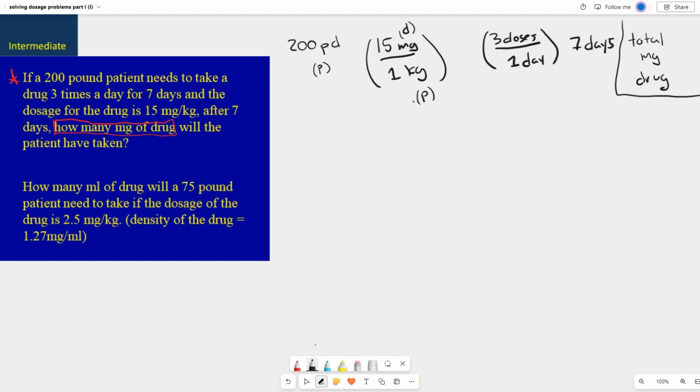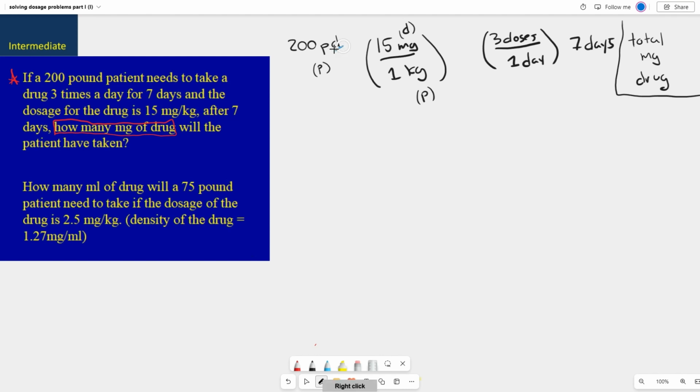So where do you start with something like this? I always start by looking at units and canceling out every unit except the unit that I want to have at the end. We want to have total milligrams of drug. Here's your milligrams of drug. This is mass of a person, and this is mass of a person. This is in pounds, this is in kilograms.